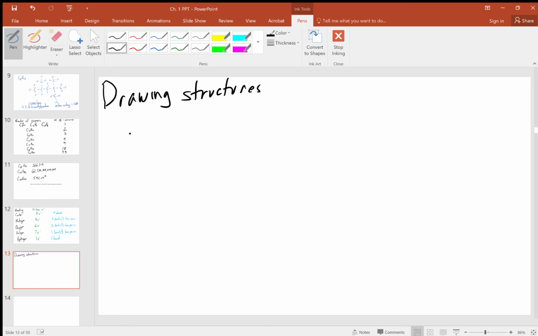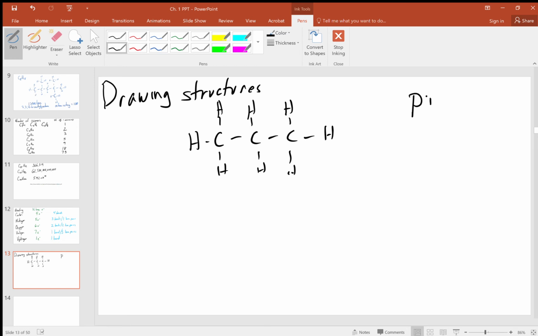So again, here's our Lewis structure. And we're going to do this for propane. Well, the first thing we can do is draw what's known as a condensed structure.